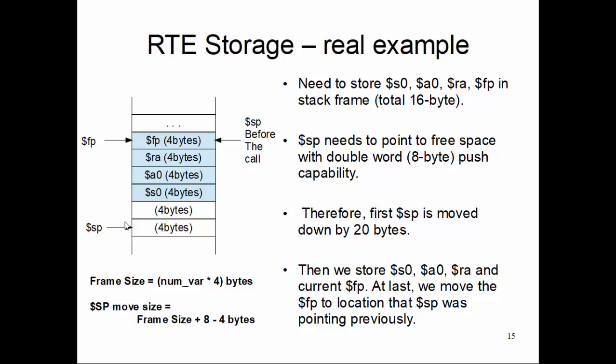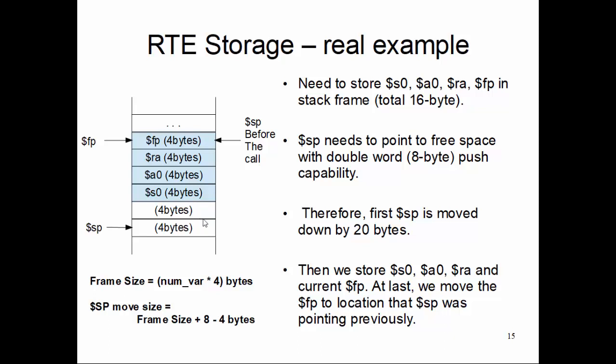Now the stack pointer needs to move down by the frame size and 4 bytes, not 8 bytes. Remember, we want to leave 8 bytes of storage, so that someone can push a double word into that.